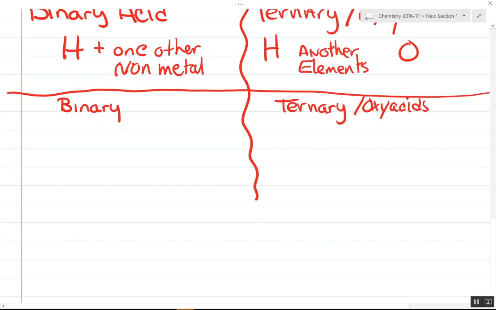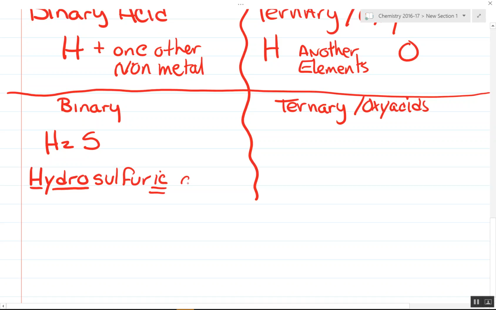Let's go with H2S. Now, naming a binary acid, you start with hydro, then the first part of the second element, sulfur, and then you end in ic. So binaries start with hydro, end in ic, and acid.